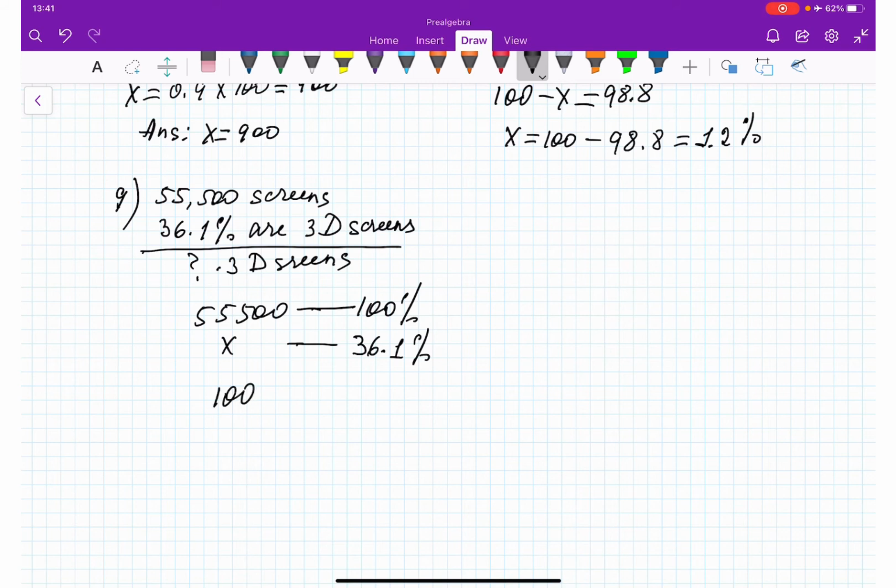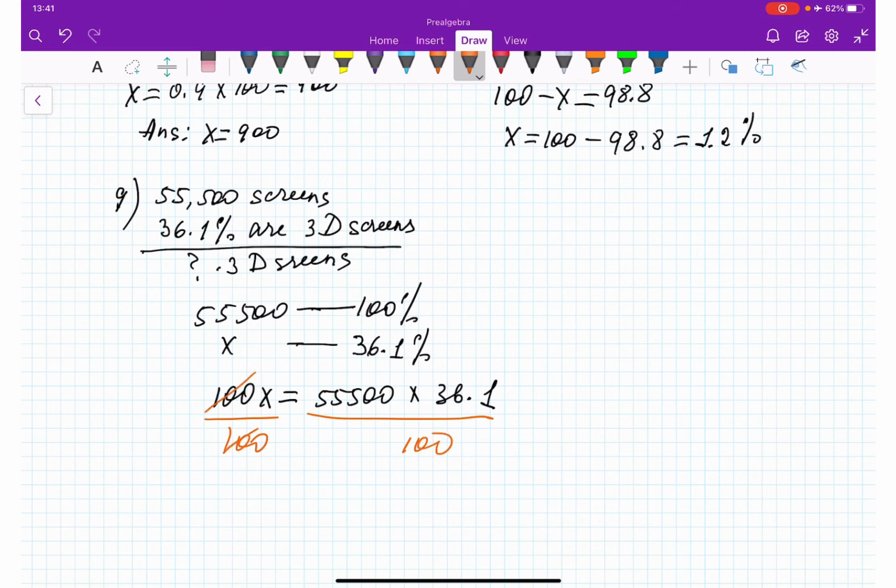So 100x is equal to 55500 times 36.1. Okay, we are dividing by 100. This is gone. And x is equal to, these two zeros here, and 555 times 36.1.